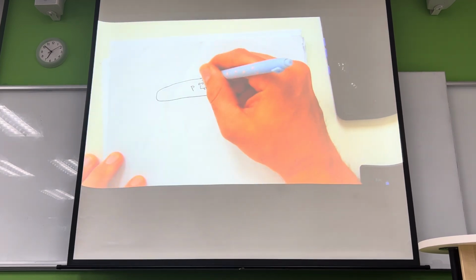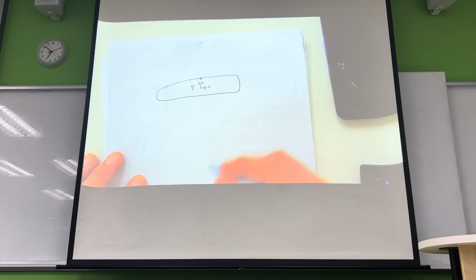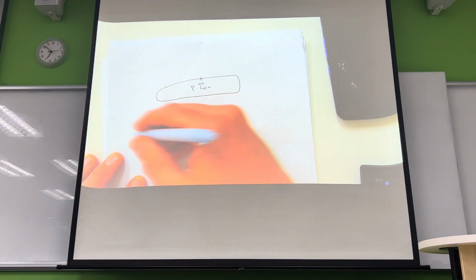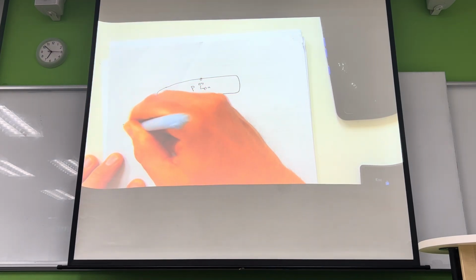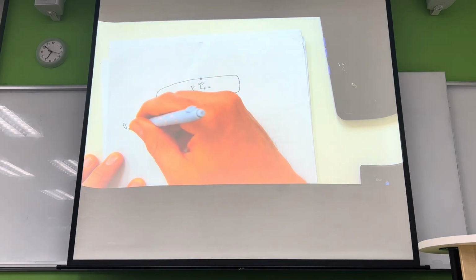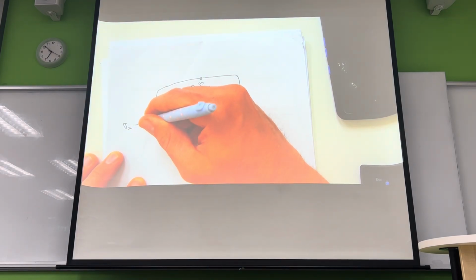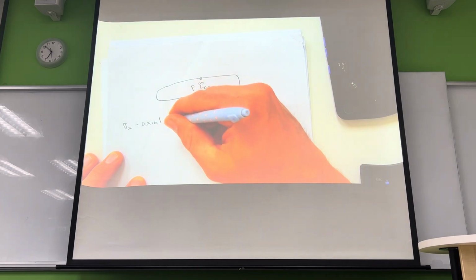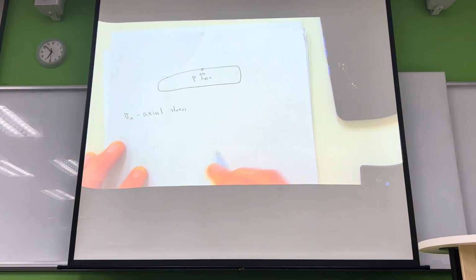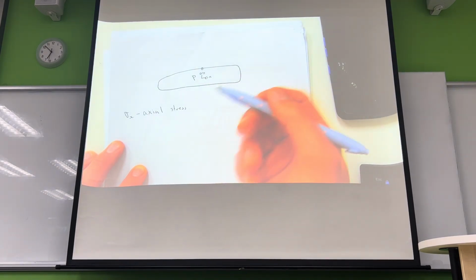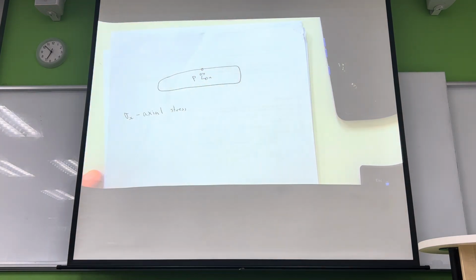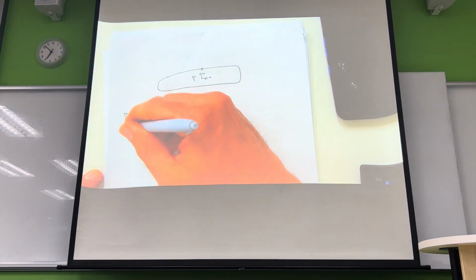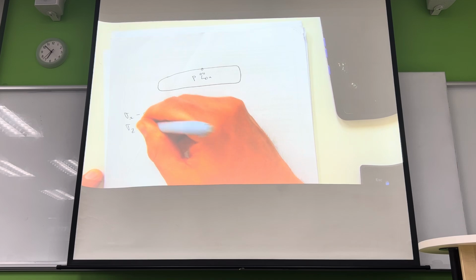So if you think about just the stress at that point there, it's going to have an axial stress due to the stress in the X direction due to the axial or longitudinal stress. That's PR on 2T. It's going to have a stress on the Z because that's going to be the hoop direction at that point. So it's going to have a stress in the Z, that's the hoop stress.